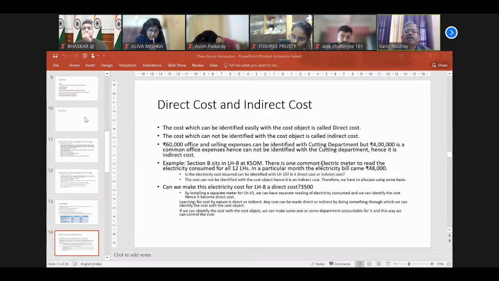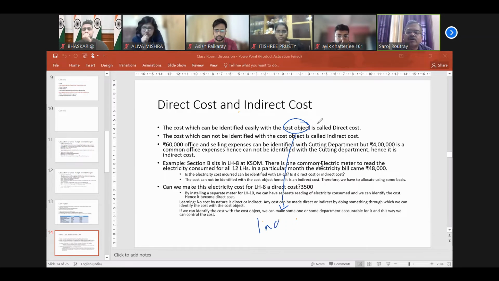Okay, so in relation to direct cost and indirect cost, what is direct cost? Direct cost is something which you can identify with the cost object. Cost object is something for which you want to find out the cost. It can be an individual customer, individual worker, individual department, or anything.